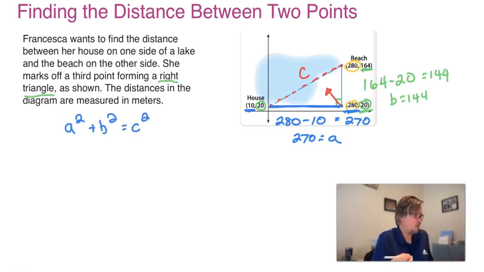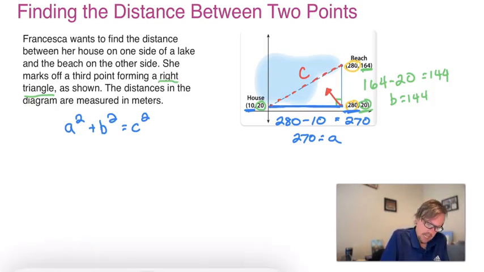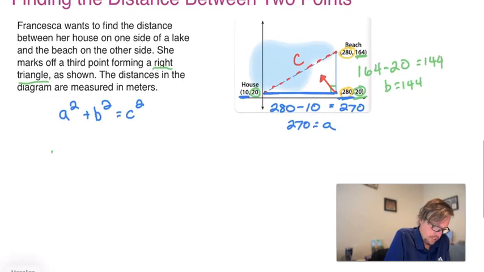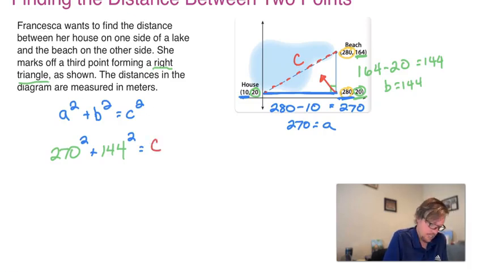We now know our A and our B, and we need to solve for C. So A was 270, so 270 squared, plus our B is 144, so 144 squared, equals C, the thing we don't know, C squared.